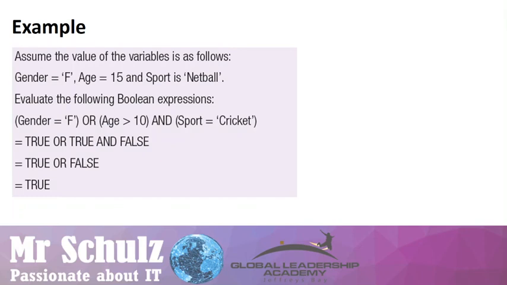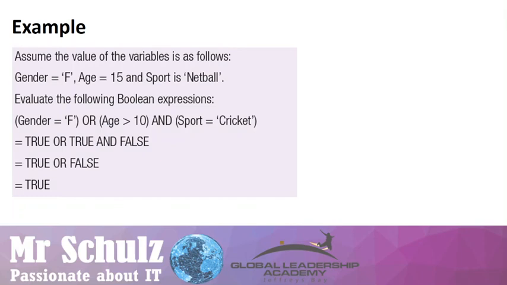Now we have to look at the AND operator first because it has a higher precedence than the OR operator. So we look at true and false. True and false together is false because both of them need to be true in order for the result to be true. But in this case, one of them is false, so the result will be false as well.